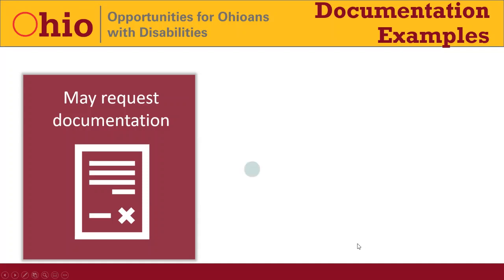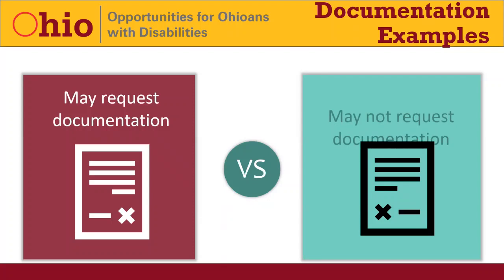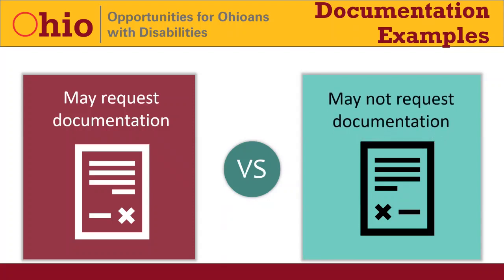I also have two examples from the EEOC about when an employer may not request documentation. So in the first example, an employee requested a reasonable accommodation 1 year ago. The documentation that was provided at that time came from the employee's psychiatrist and indicated the employee has bipolar disorder, that the condition is permanent, and would always involve periods of exacerbation and remission.